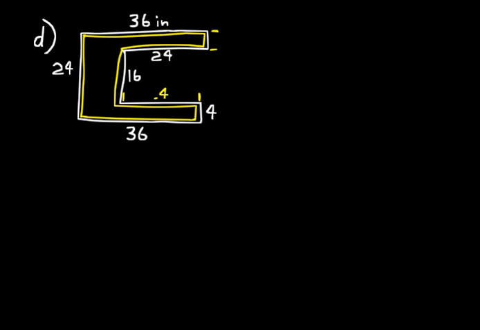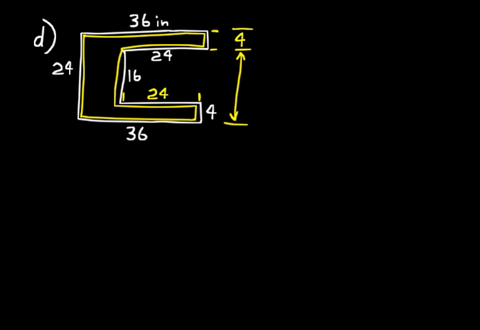Now that top segment that I still have to figure out, I know what distance is from there to there. That's 24. And then I also know from here to here, that's 16 plus 4, right? So that would be 20. So this has to be 4 in there to get a total of 24.